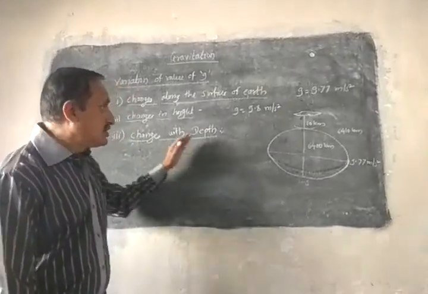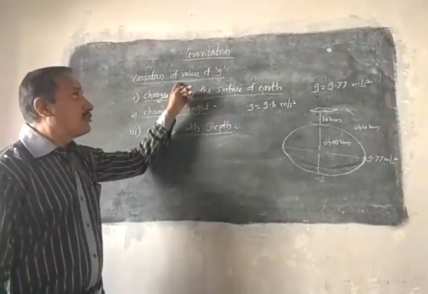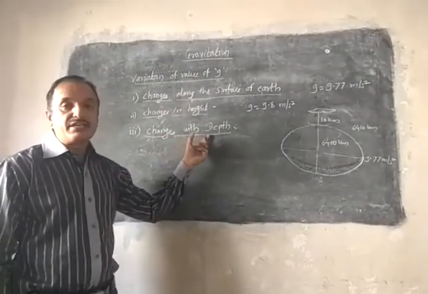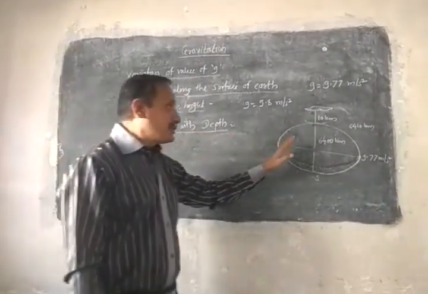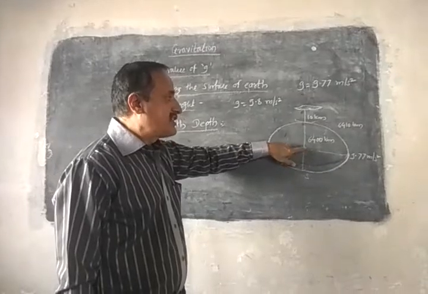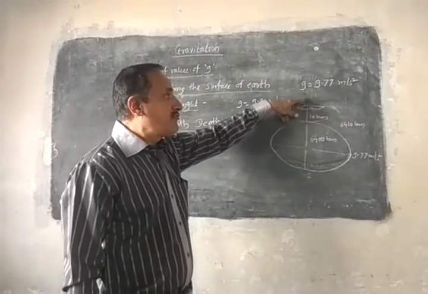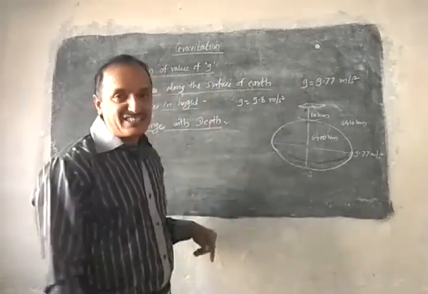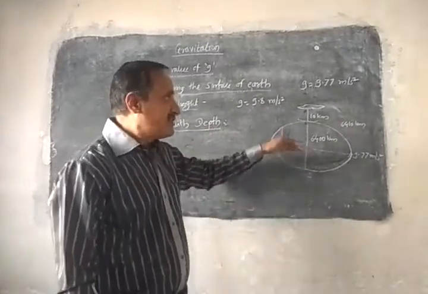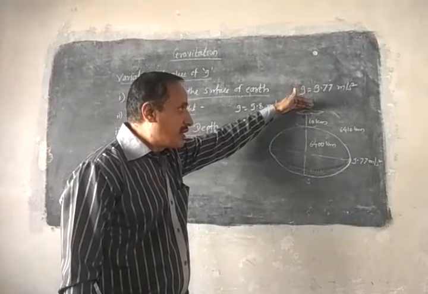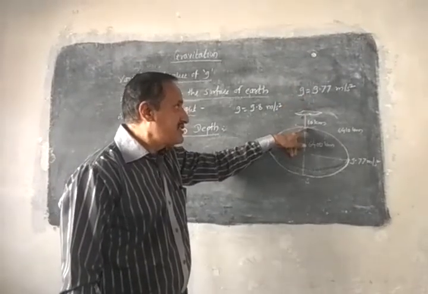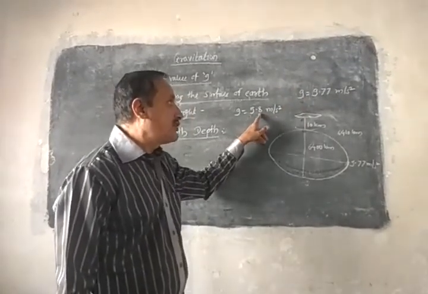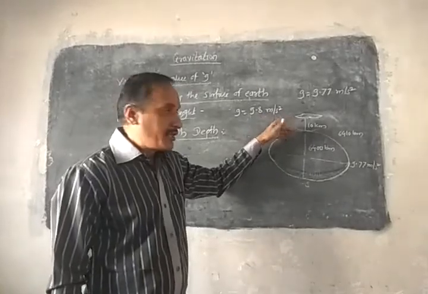Now the third factor which affects the value of g is the change in depth. If the object is going away from the center of Earth, the value of g decreases. If the object is on the surface, the value is 9.8 meters per second squared.